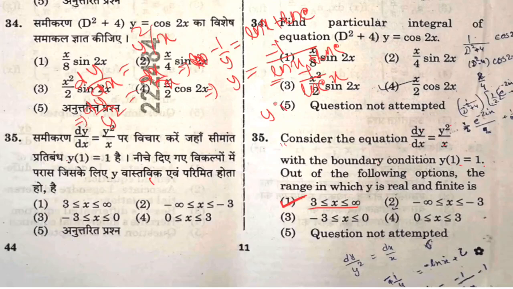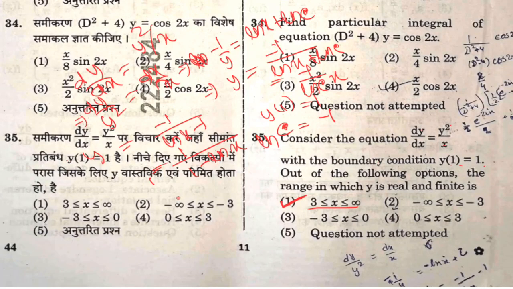Now using the given boundary condition, y of 1 equals 1, you will find that minus ln c equals minus 1. So your y is minus 1 by ln x minus 1, that is 1 by 1 minus ln x.